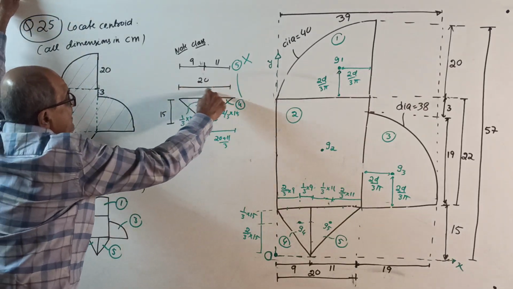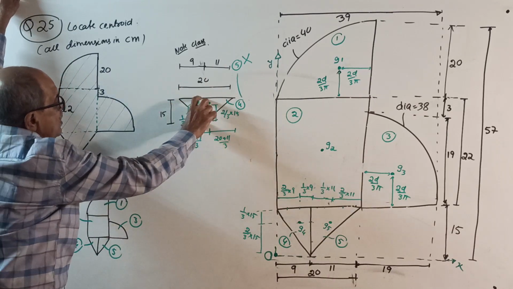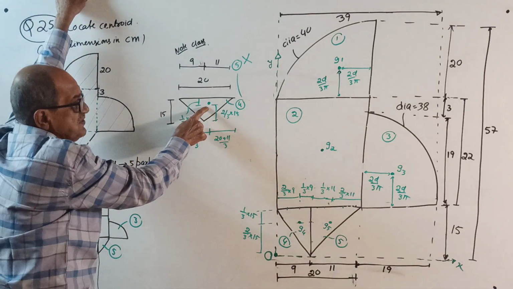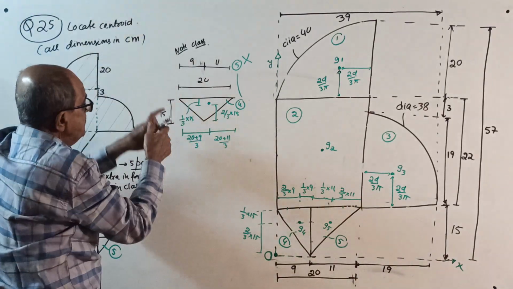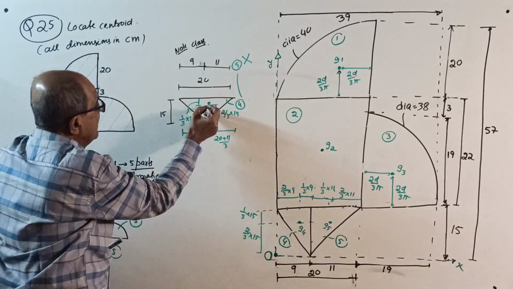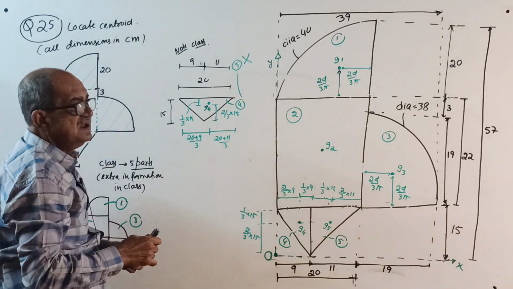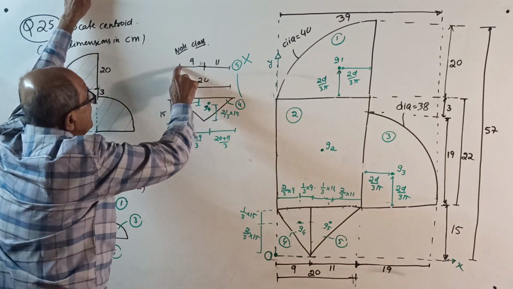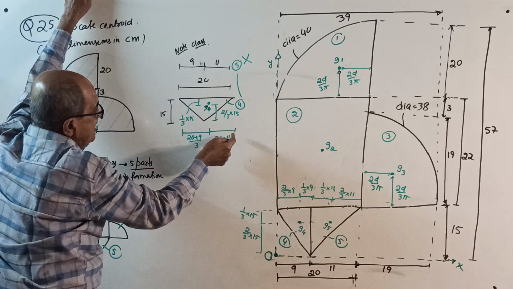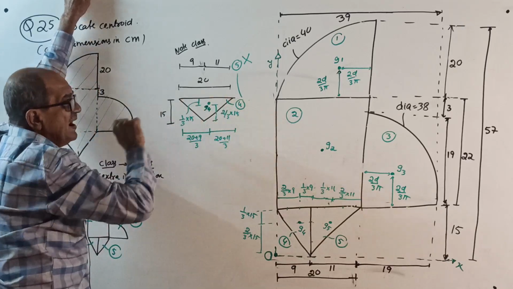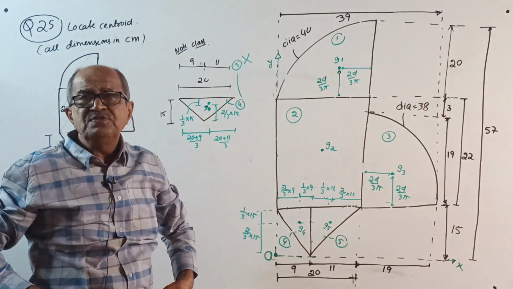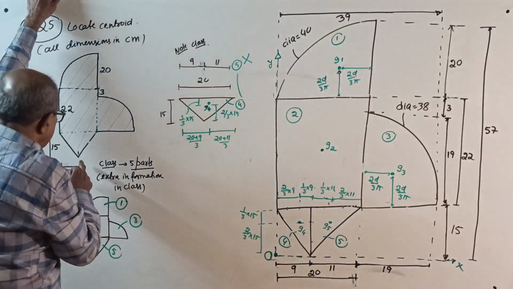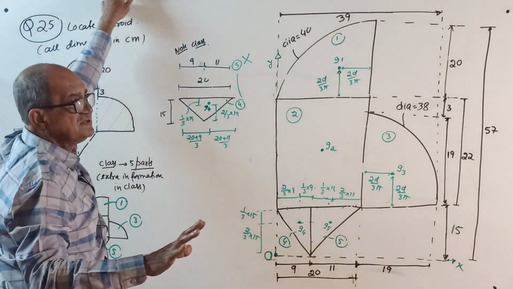This way, for the base of 20, height is 15. 1/3 of 15, 2/3 of 15, already known to you. The dot is the centroid, G4. But this way, it is 20 plus 9 divided by 3 from this side, 20 plus 11 divided by 3 from that side. If you know that result, you need not go for 5 parts, you can go only to 4 parts.